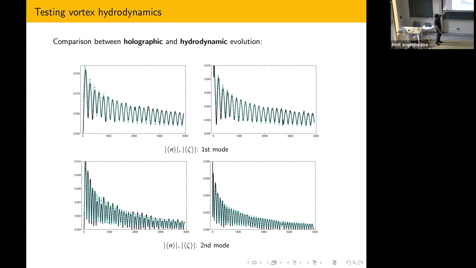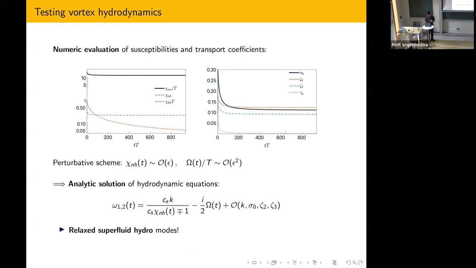Again, certain non-monotonicities in the black line are probably due to the low number of runs, but we expect them to behave even better with more runs. So we see that basically this relaxed hydrodynamic description describes well the holographic data.